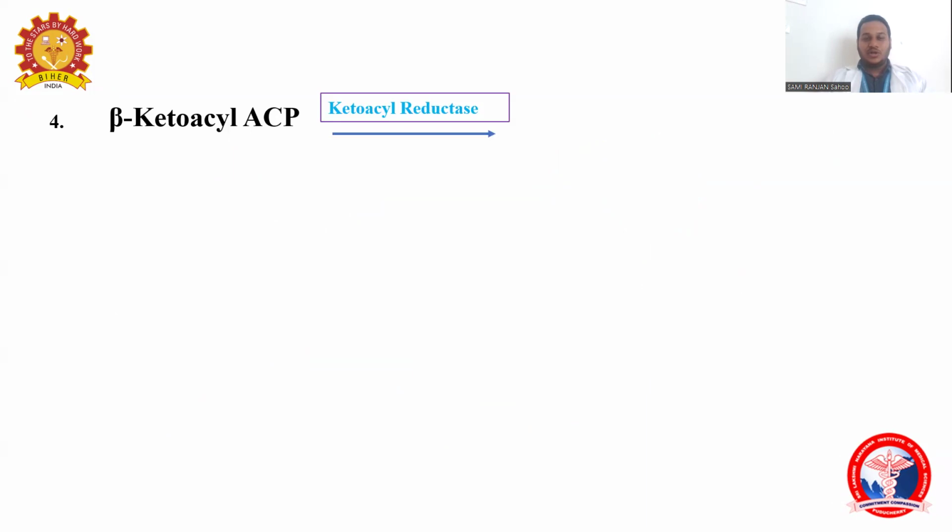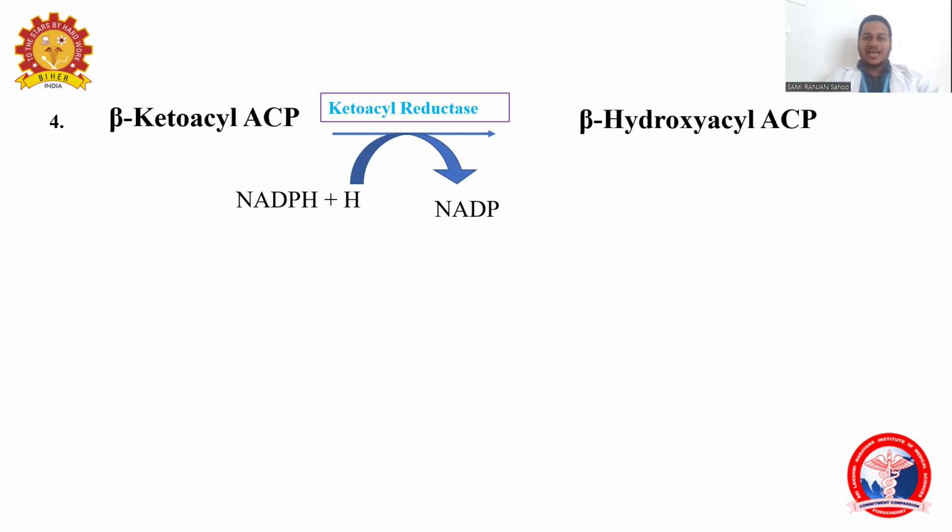Reduction means addition of hydrogen takes place. The hydrogen is brought by NADPH, which releases the hydrogen and forms NADP, and it forms beta hydroxy acyl ACP. So beta ketoacyl ACP is converted into beta hydroxy acyl ACP with the help of ketoacyl reductase, where NADPH gives hydrogen and is converted to NADP.